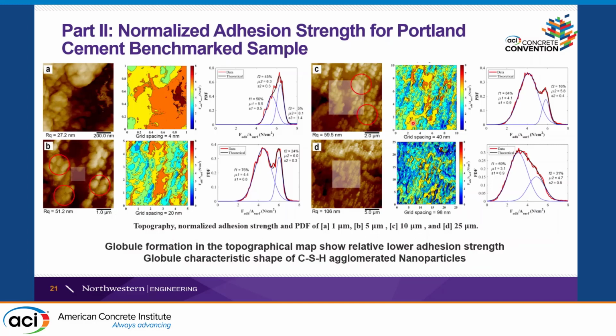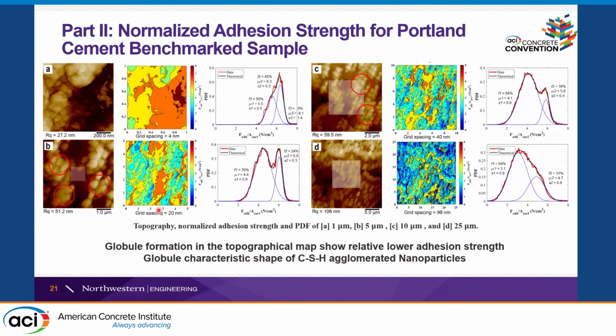One interesting thing is that on the surface where we have this globule formation, particular to CSH, we have a lower adhesion strength than the part with the intermixed region in the system. So we were thinking that this CSH is interacting less with the carboxyl groups of the CNT, but we didn't know why yet.